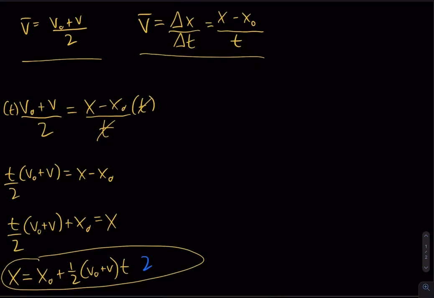So if I multiply my average velocity by some time t, then that's going to give me a distance. So my final position can be thought of as wherever I started from plus however far I went over some time interval t. So there's our second kinematic equation. In the next video, we'll derive the next two.